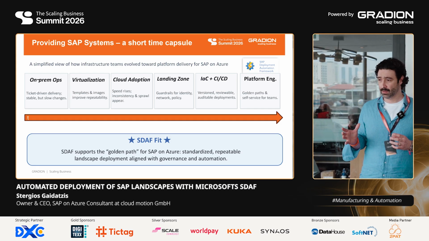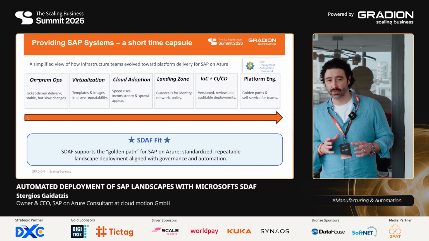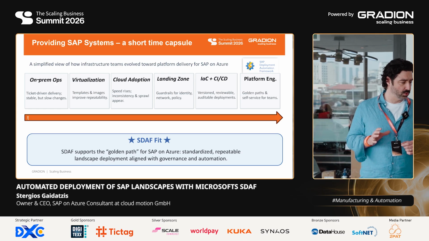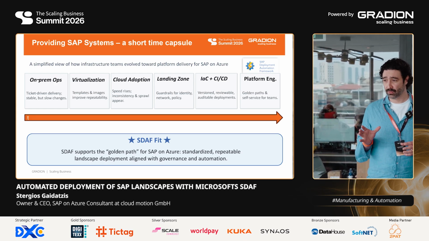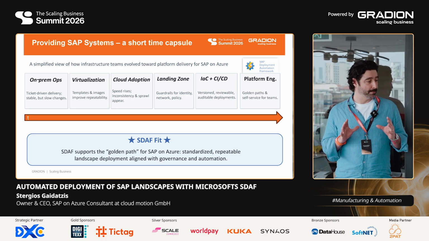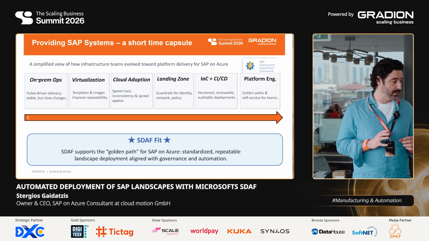Next stage, around 2010, we had the virtualization layer. I think SAP has supported VMware since 2010 or 2011. It's not so far away, it's 14 years. So virtualization could also handle SAP systems.